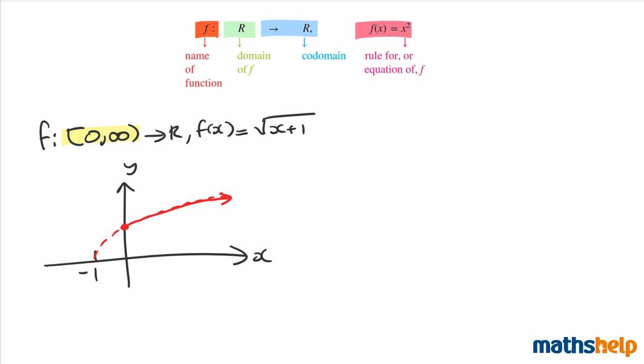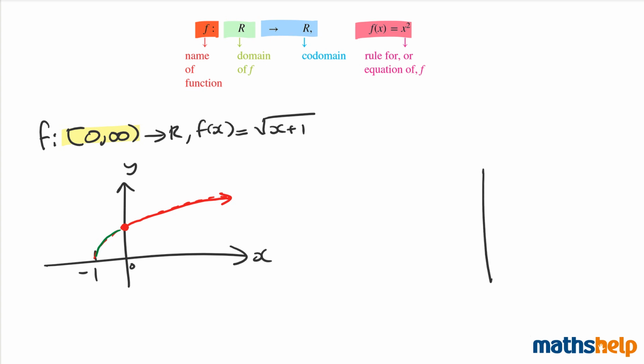And 0 is inclusive, so you'd put a filled in dot there. If you sketch the full graph, then you would be wrong, because this area or part of the graph is not actually part of the domain. So what you need to do is always check the domain that you've been given.